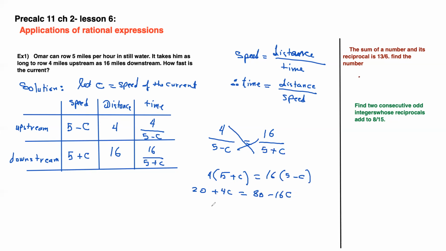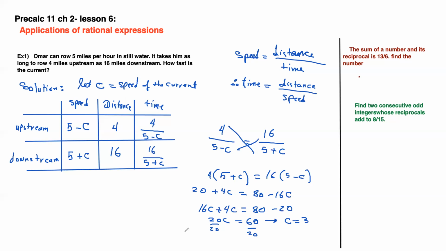I'm going to bring the negative 16c there, so 16c plus 4c. At the same time, I'm going to bring the 20 to the other side, 80 minus 20. 20c equals 60, and therefore c equals 3, since you divide both sides by 20.